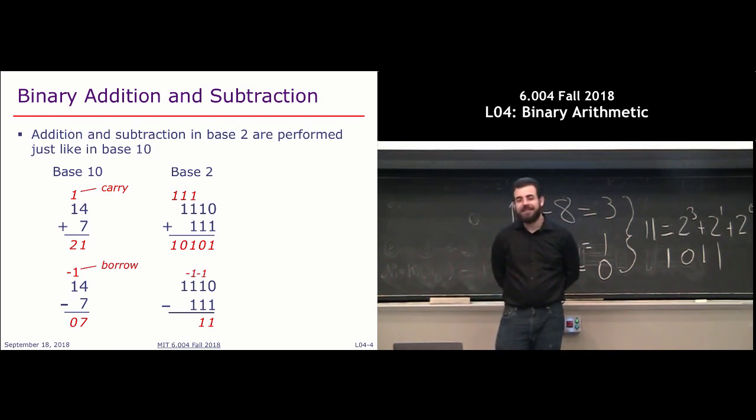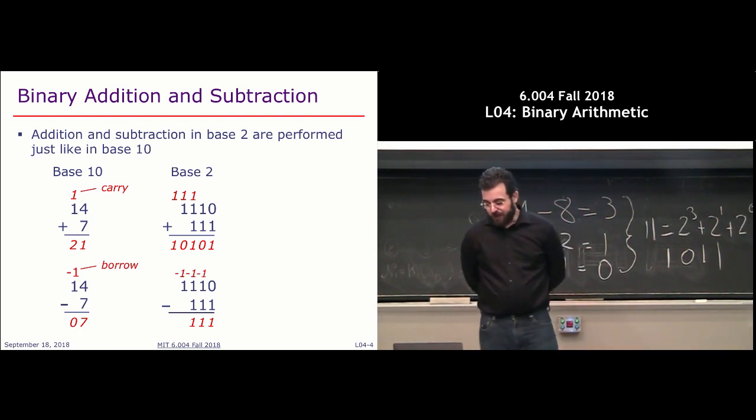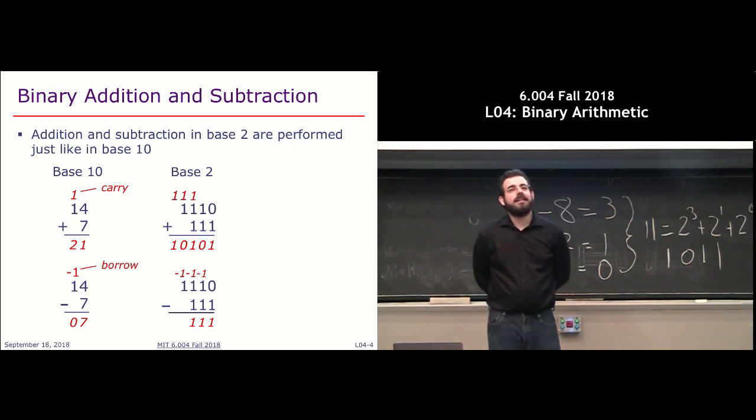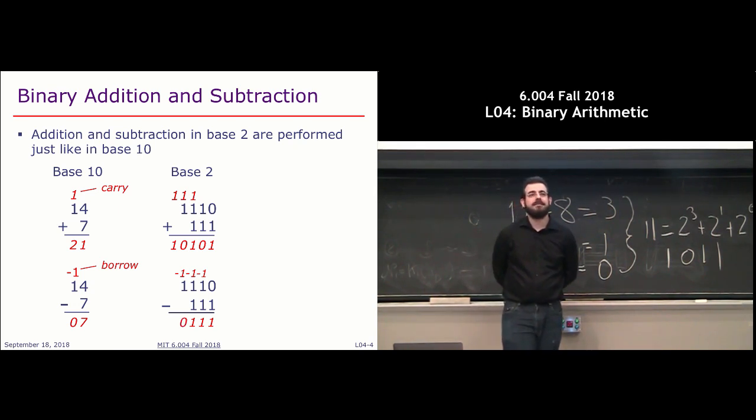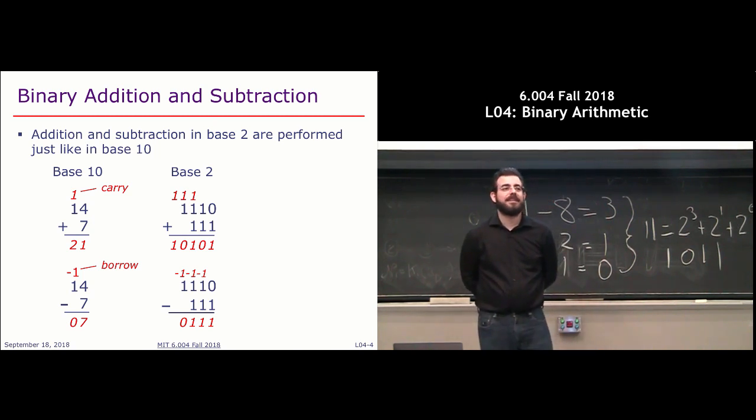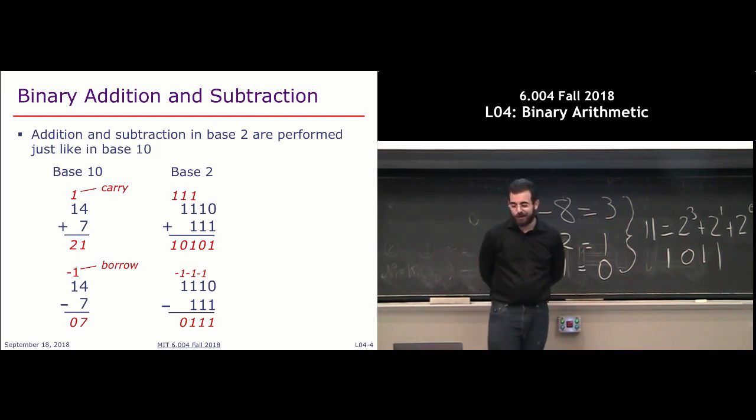Same deal. Right? 1 minus 1 minus 1, 1, and we borrow 1. 1 minus 1 minus 1, 1, and we borrow 1. 1 minus 1, 0. Right? Is this clear? OK. So we get 1, 1, 1, 7, as expected.